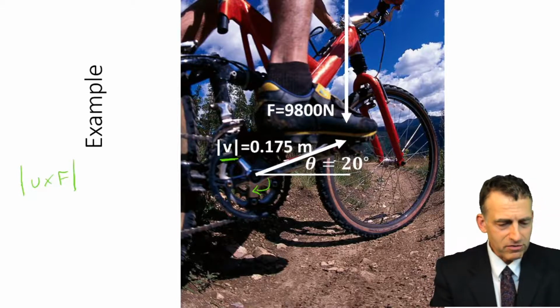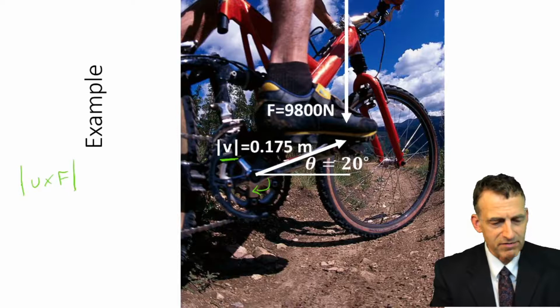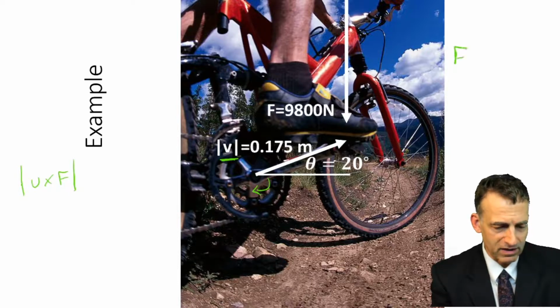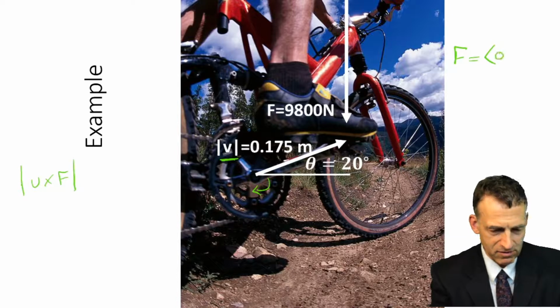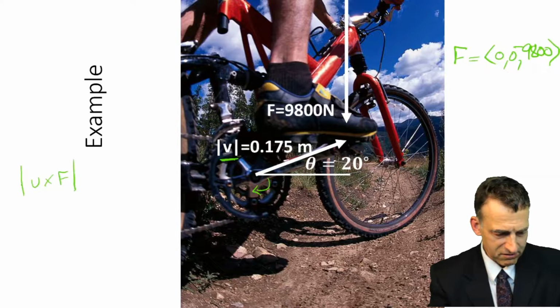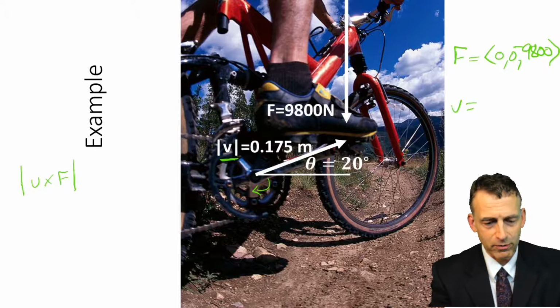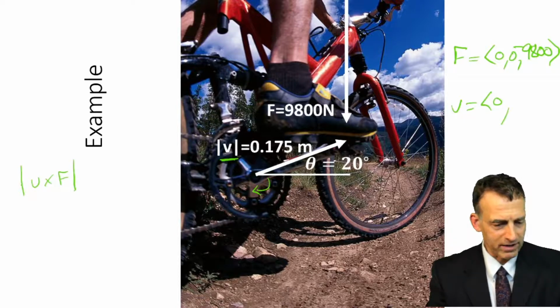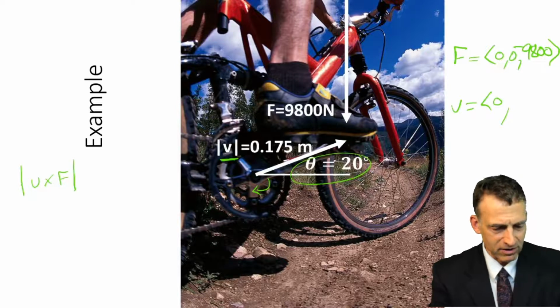The easy way: I could say the force is this vector pointing straight down, 0, 0, negative 9800, and this vector u has 0 in the x direction, and then you have to figure out the y and the z based on this angle and the length.